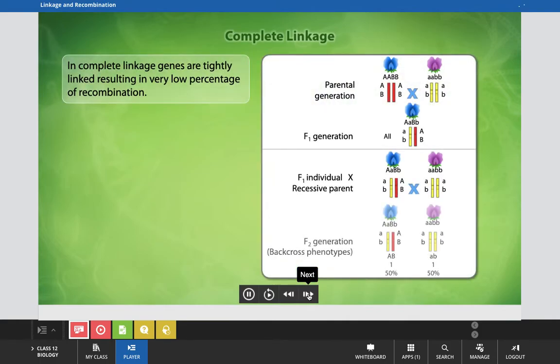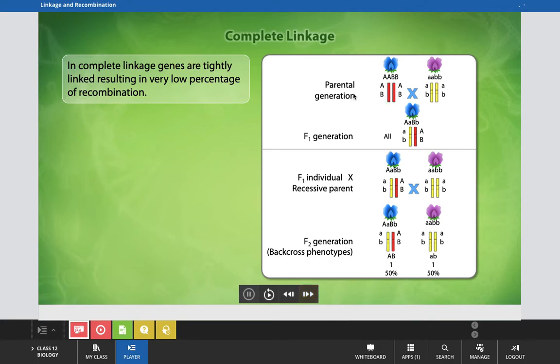Now let's learn more about complete linkage with the help of this chart. In complete linkage, genes are tightly linked, resulting in a very low percentage of recombination.